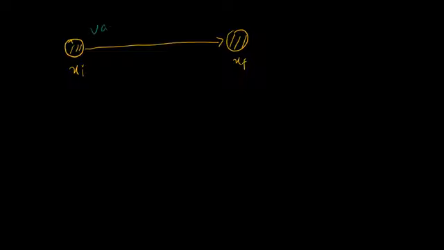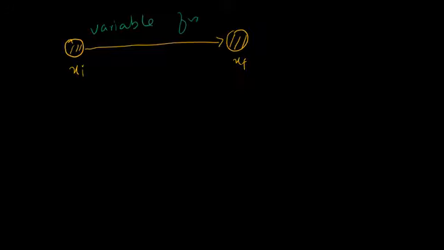Now let's suppose we have a body of any mass like this one, and we displace this body from position xi to another position xf, and here we are applying a variable force.